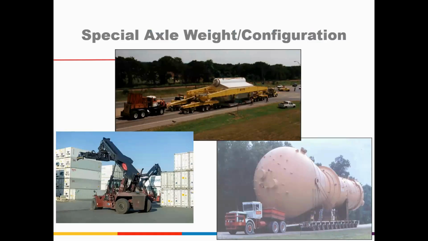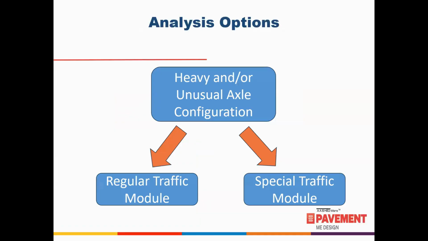Okay, now getting into some special axle weight configuration situations. You have a choice. If you have something out of the ordinary, in other words, you don't have a nice simple single axle with 2 tires on each side, or a tandem axle with 2 consecutive axles with 2 tires on either side for each one, and they're not of normal axle width or distance between the tires.